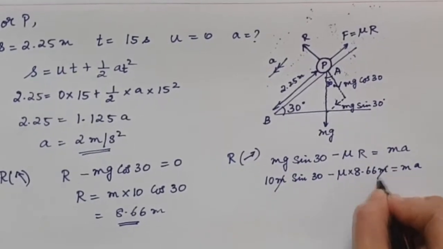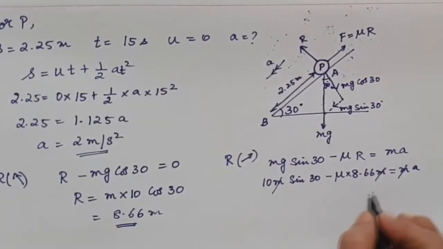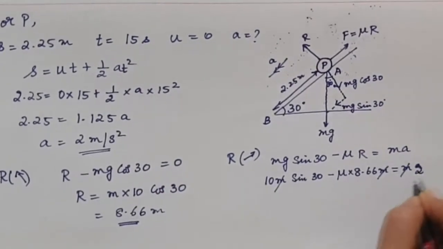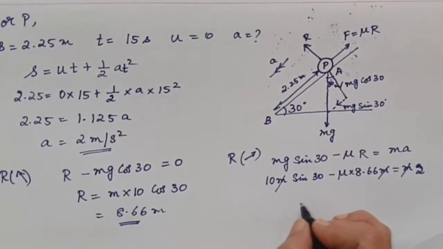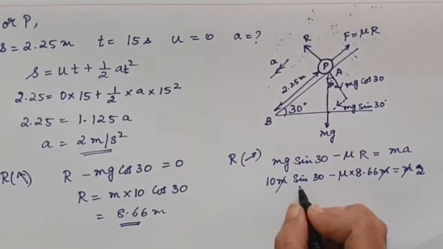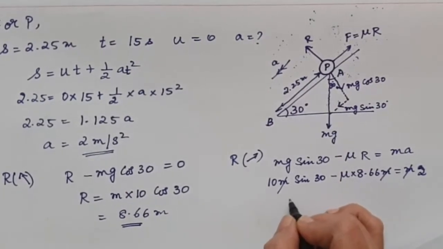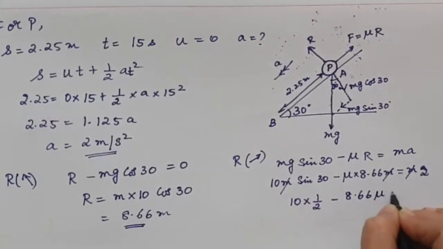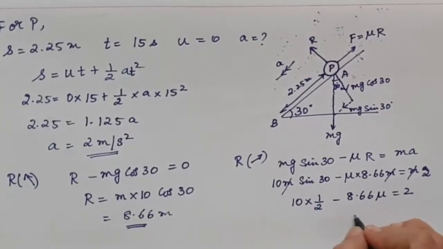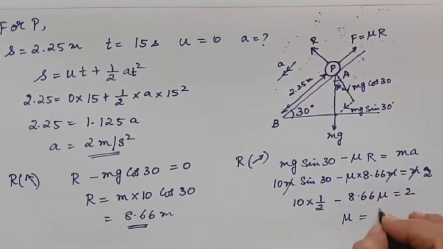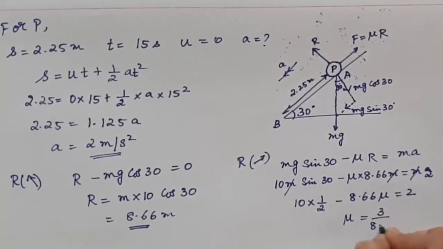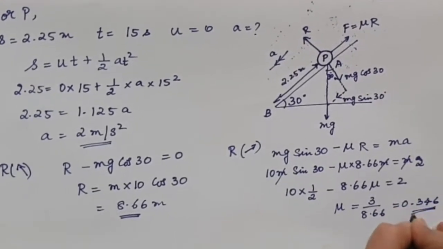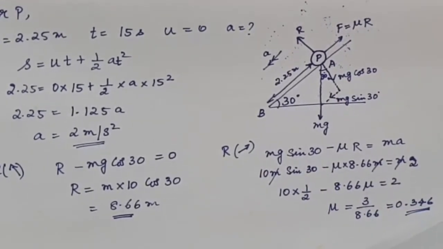Everywhere there is an m in the equation, we can cancel it. Now when we simplify, and we have calculated a as 2, sin 30 is half, so it will be 10 into half minus 8.66 mu will be equal to 2. So mu will be equal to 3 over 8.66, that is 0.346, which is the value for the coefficient of friction.